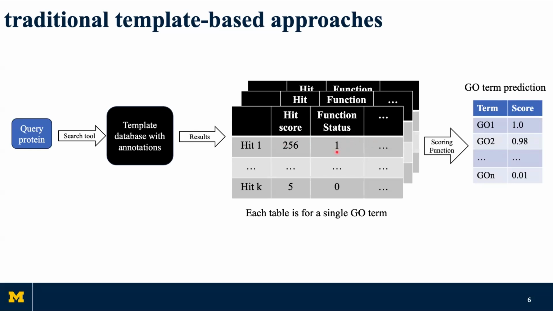One means the hit has the specific GO term, and zero means it does not have that GO term. Then people would usually use a scoring function, usually a bit score weighted score, to compute the final score for GO term prediction. This is the traditional way to automatically annotate protein function using a template database.